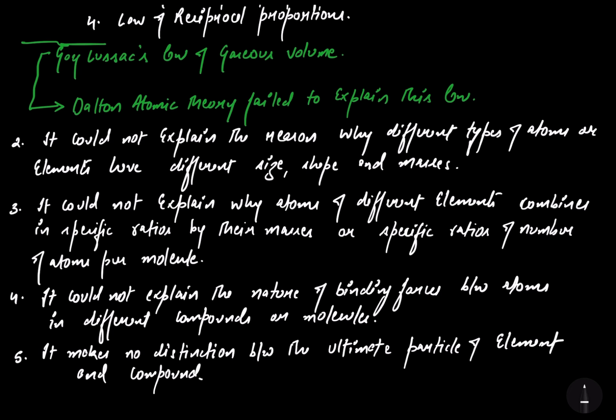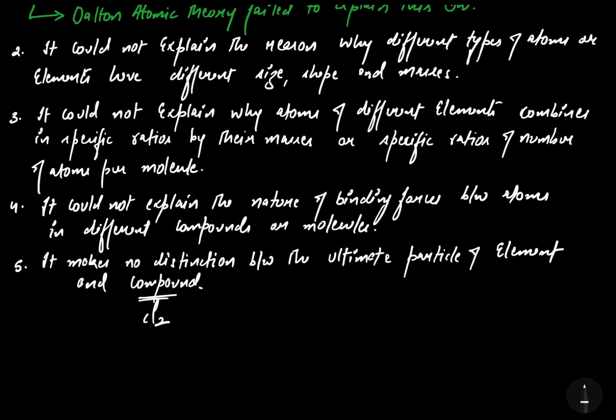The ultimate particle of an element is obviously the atom, we all know that, but in case of a compound the ultimate particle is a single molecule. For example, if I'm talking about chlorine gas, the ultimate particle of chlorine gas will be the Cl2 molecule, and the ultimate particle of chlorine will be the single atom.